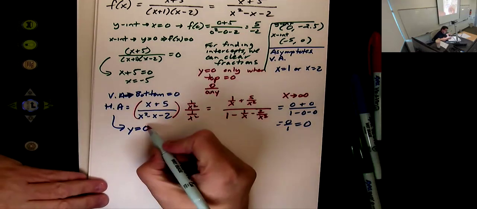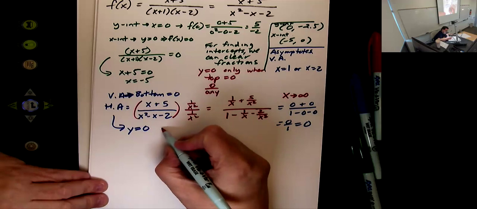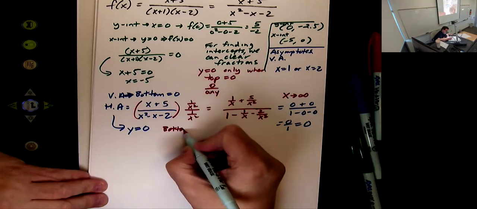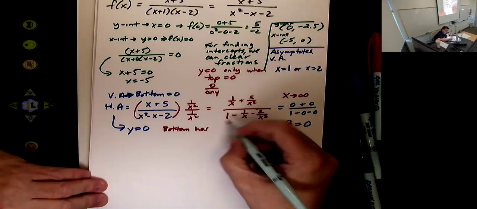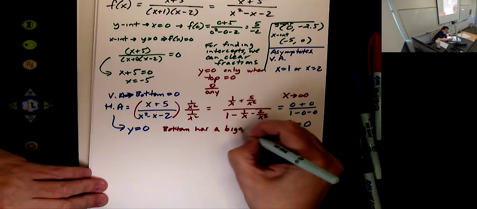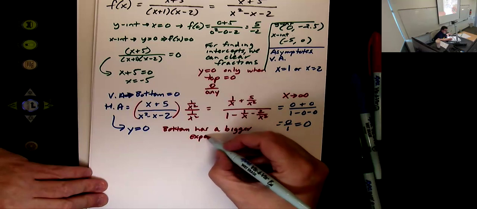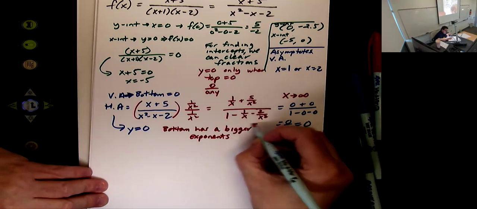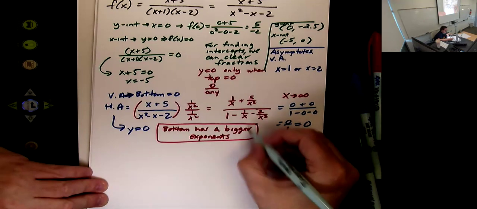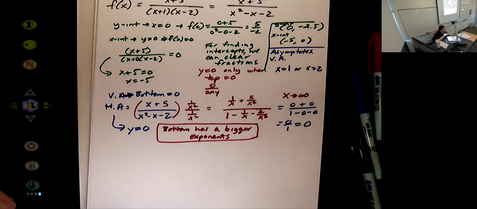This matches up with the idea that the bottom has a bigger exponent. If that's how you want to remember it, go with that. Eventually, this x multiplying by large exponents thing is going to pay off in the long run.